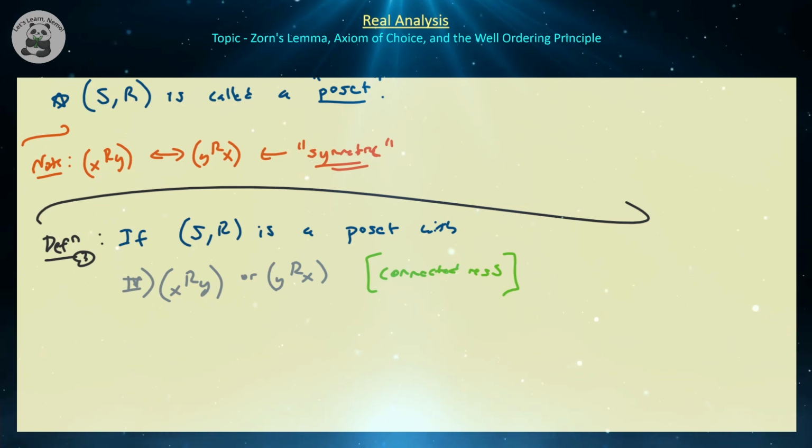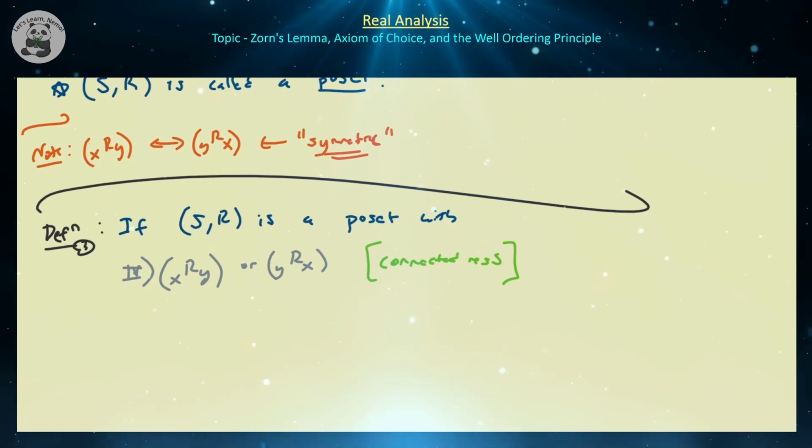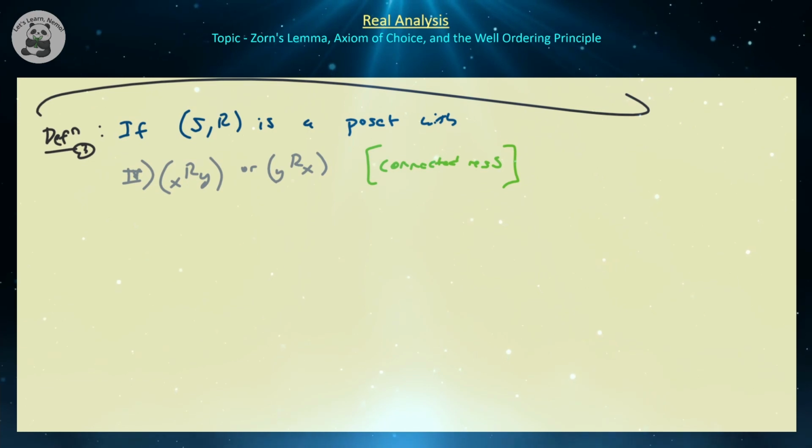So let's take the set of real numbers, for example. If I give you the numbers 7 and 10, then either 7 is less than or equal to 10, or 10 is less than or equal to 7. One of them must be true, or at least one of them must be true, right?